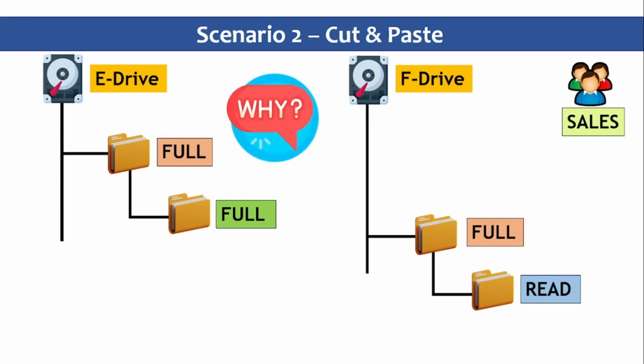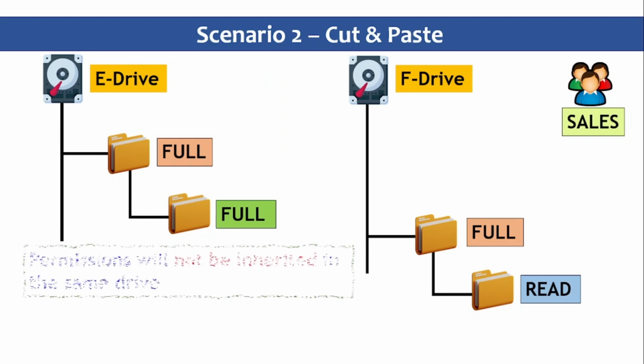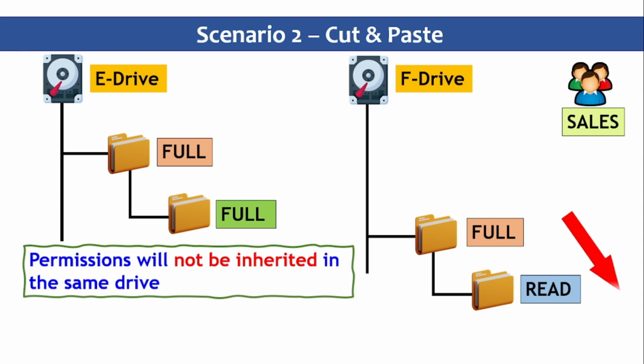Again, why? How does NTFS treat these folders? The reason is permissions will not be inherited in the same drive. This is applicable only if we perform a cut and paste operation. This is not applicable to copy and paste.